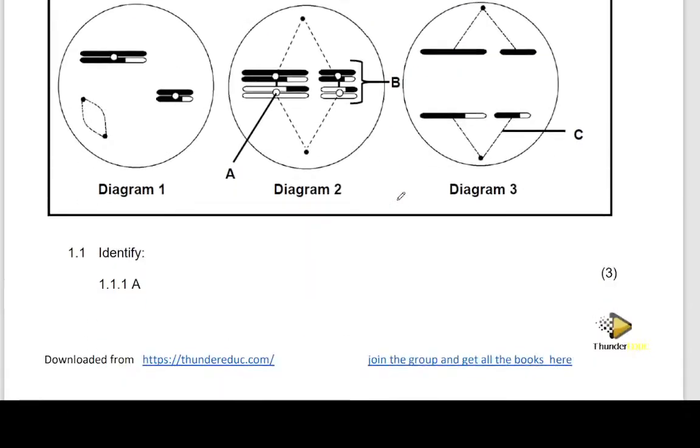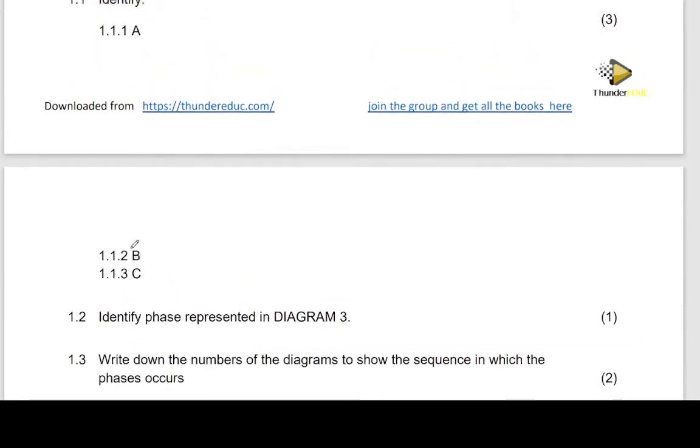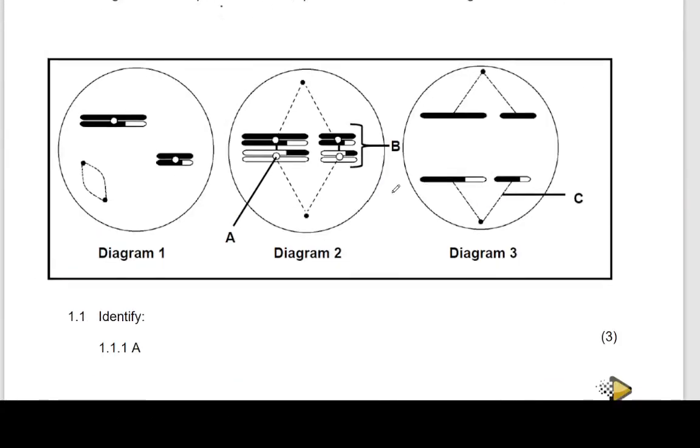All right. Now let's start answering the questions. Identify what is A. A is the center of the chromosome. Therefore, it becomes centromere. What is B? I talked about this yesterday.